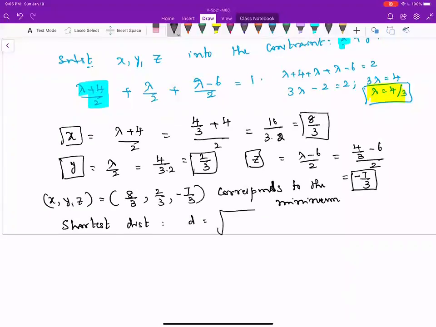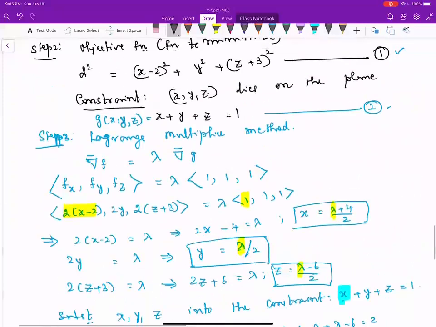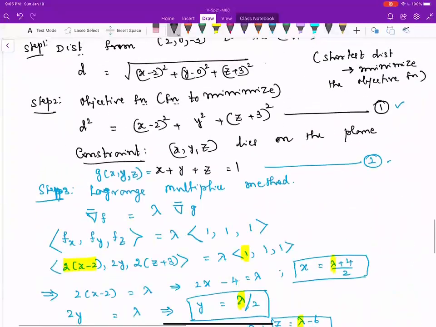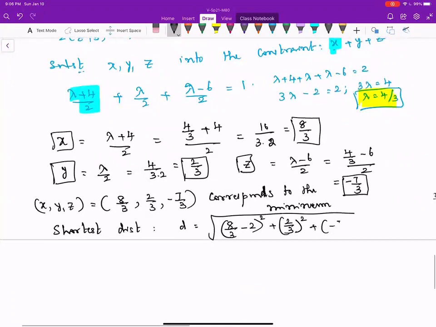So this is square root of 8 by 3 minus 2. We are looking at this first function now, the shortest distance. We have to find out the distance also. So substitute x, y, z into this. So 8 by 3 minus 2 the whole square plus 2 by 3 the whole square plus negative 7 by 3 plus 3 the whole square.